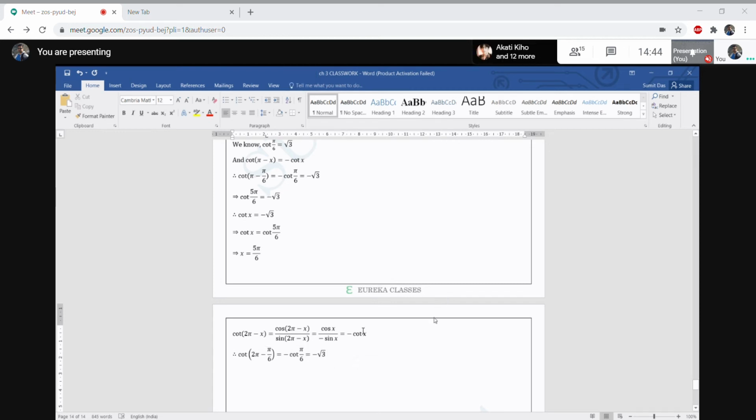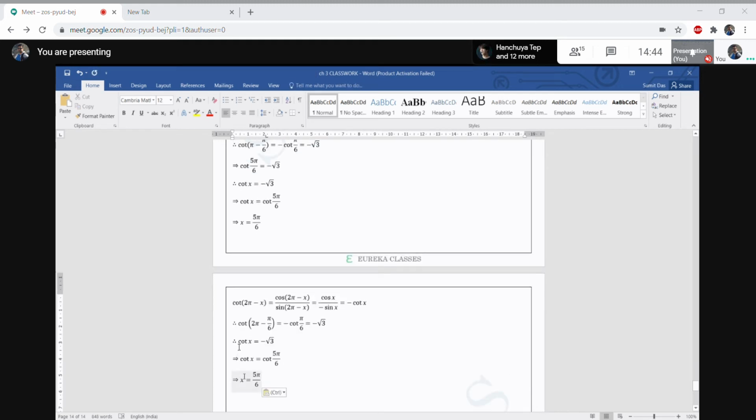Okay, therefore cot x equals this, so we can replace this minus root 3 with this cot.